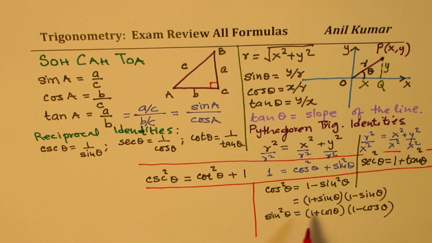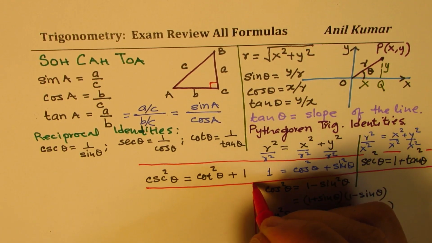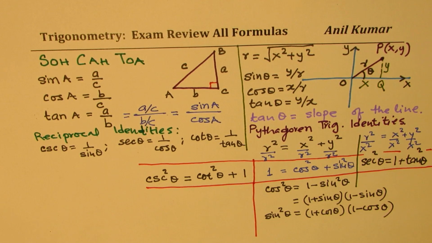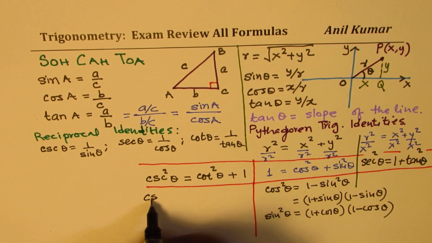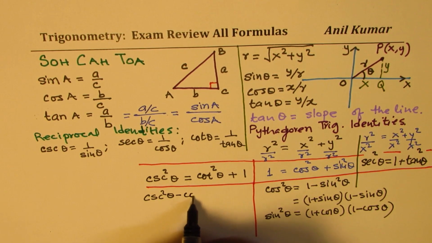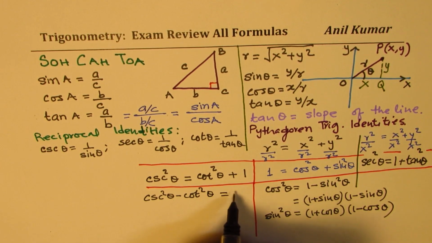So what you could do here is work with these identities and see how many different formulas we can actually get. Let me play around with this identity. So see how we can play around with it. If I take cot square theta to the left side, I get cosecant square theta minus cot square theta equals 1.